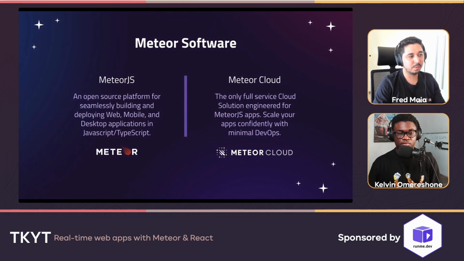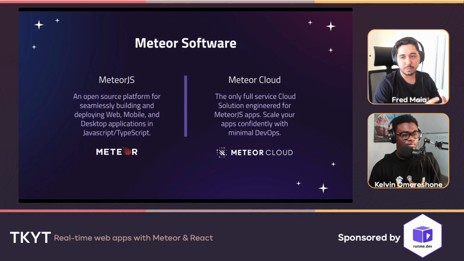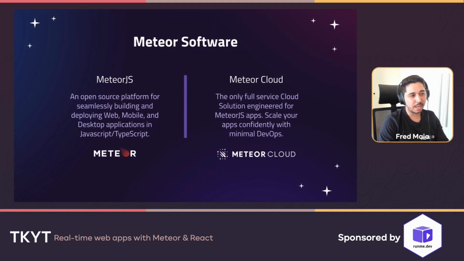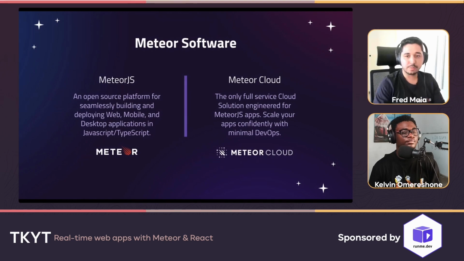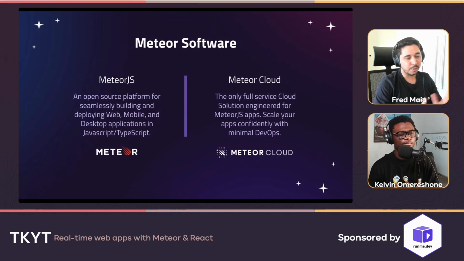In Meteor Software, we have two sides, and two teams for that. One part of the company is Meteor JS, with developers working full time only developing and evolving Meteor JS. The other side is Meteor Cloud, our hosting service for Meteor JS applications, and that's where we make money.